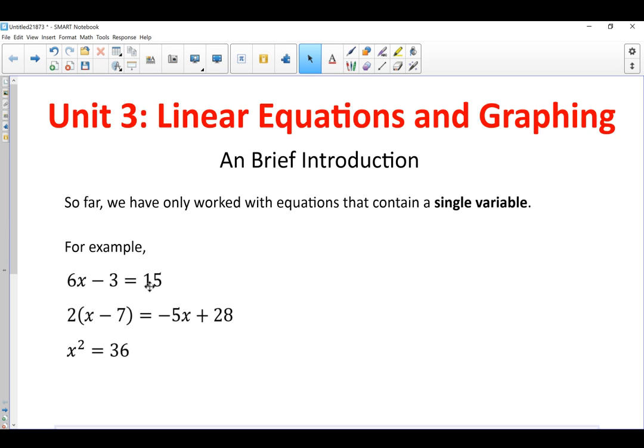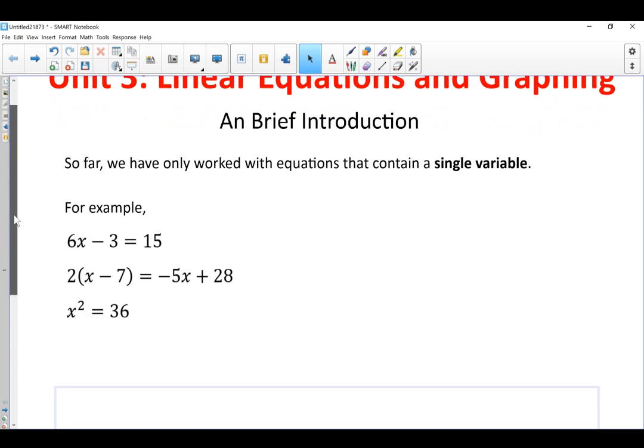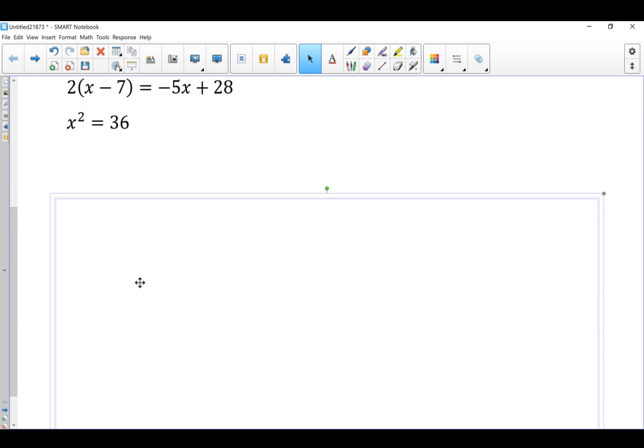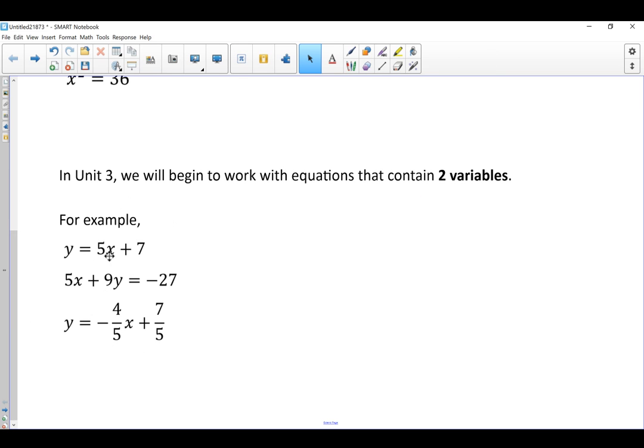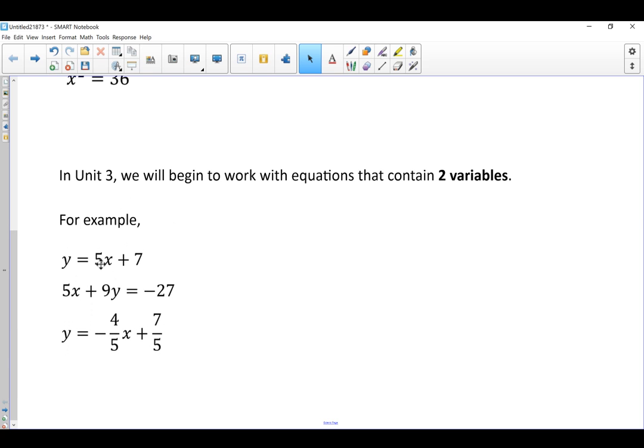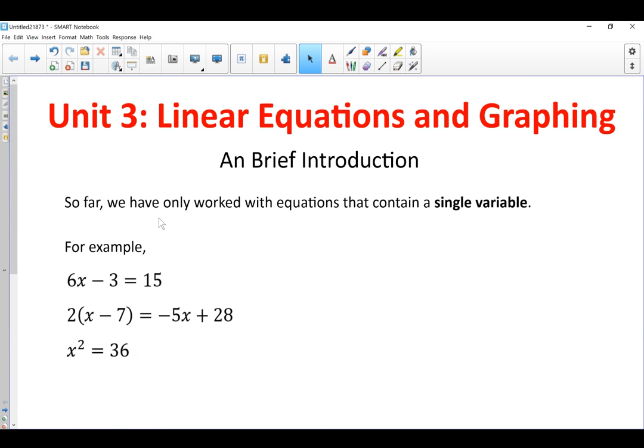What we're going to be doing is moving to looking at equations that contain two variables. Okay, so for example, equations where we might have a y and an x, two different letters, two different variables, x and y. So that's where we're headed, okay?